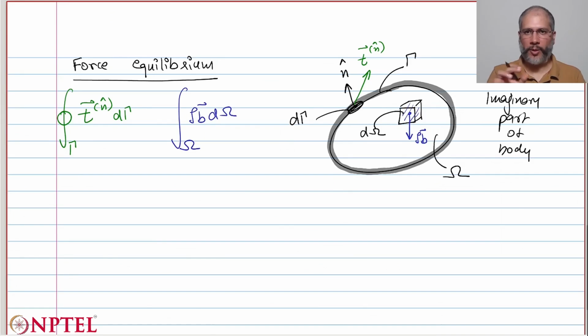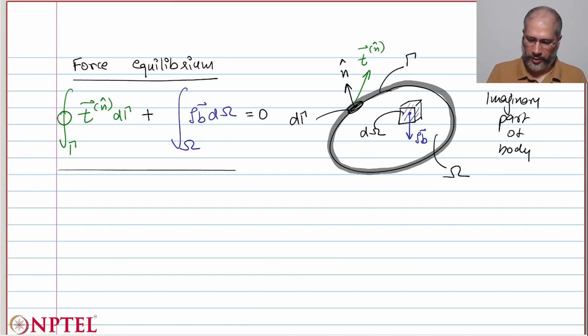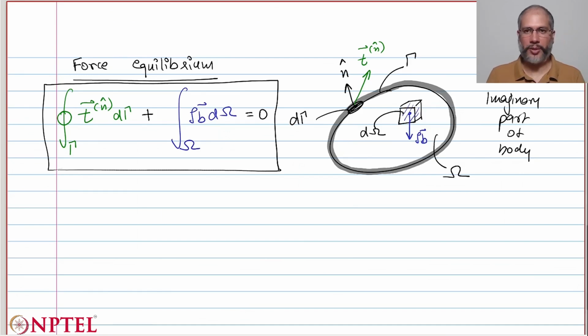So for each sub-volume in different parts of the overall volume, I'll calculate the force and add them together, which basically is this integral. So the sum of these two quantities is equal to 0. So this equation is our starting point of the force equilibrium equation.